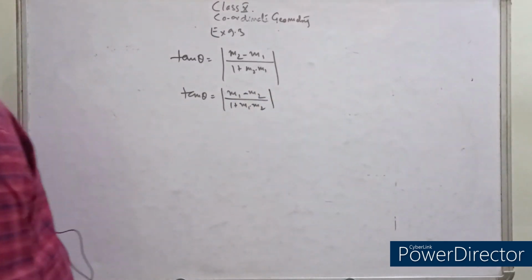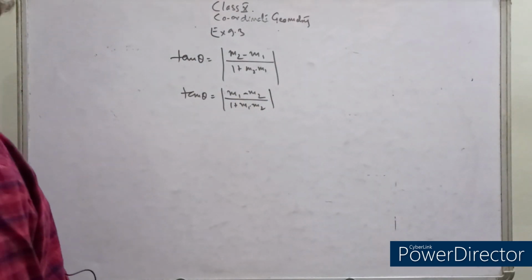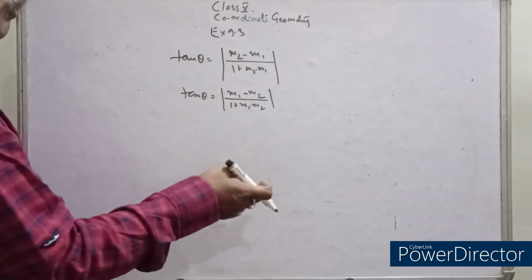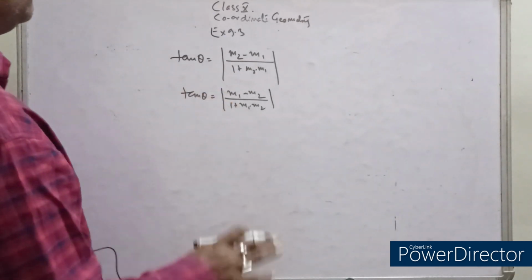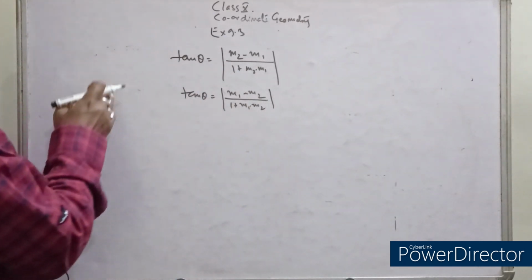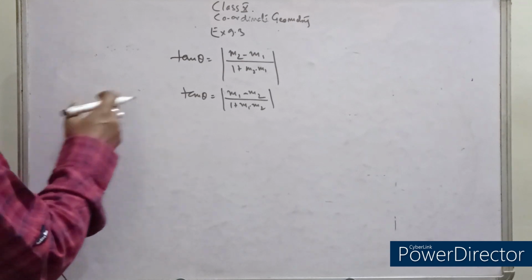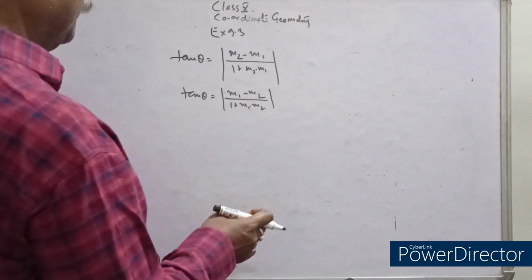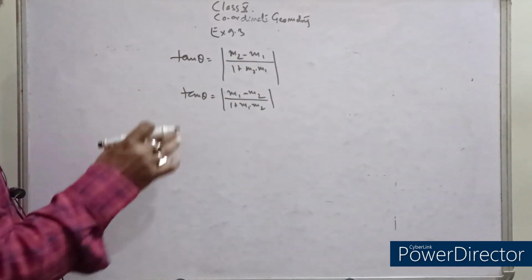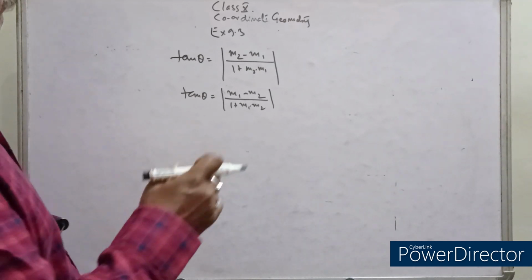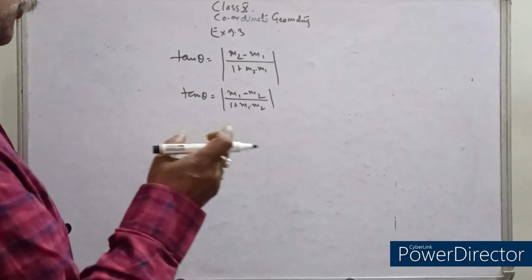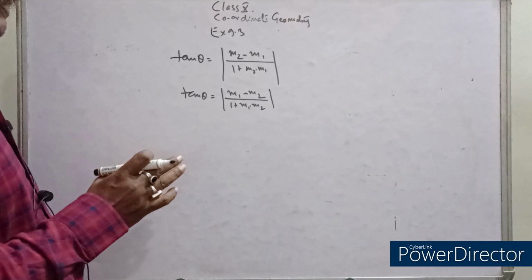There is no difference. Whether you select any one as m1 or any one as m2, no difference comes, because while calculating you have to take the positive value as well as the negative value. So the answer will remain the same.